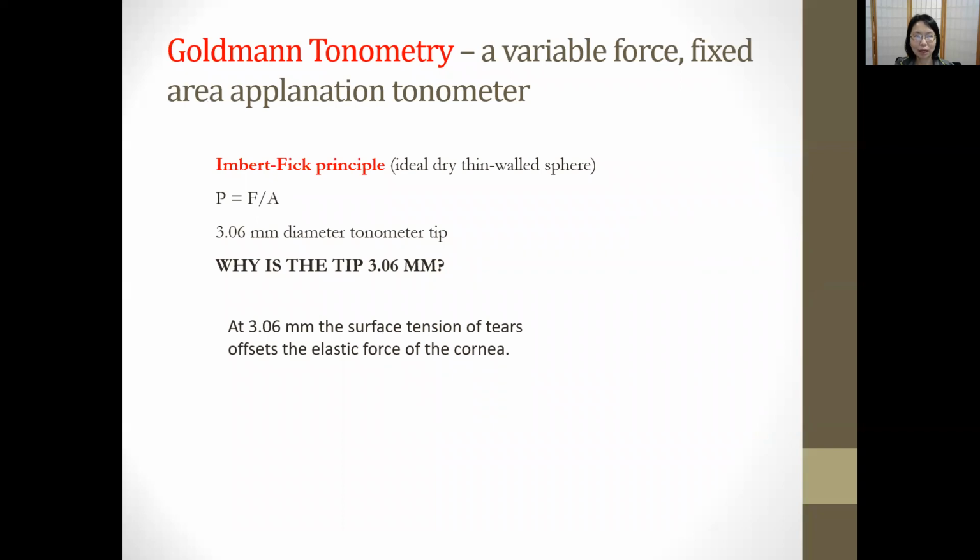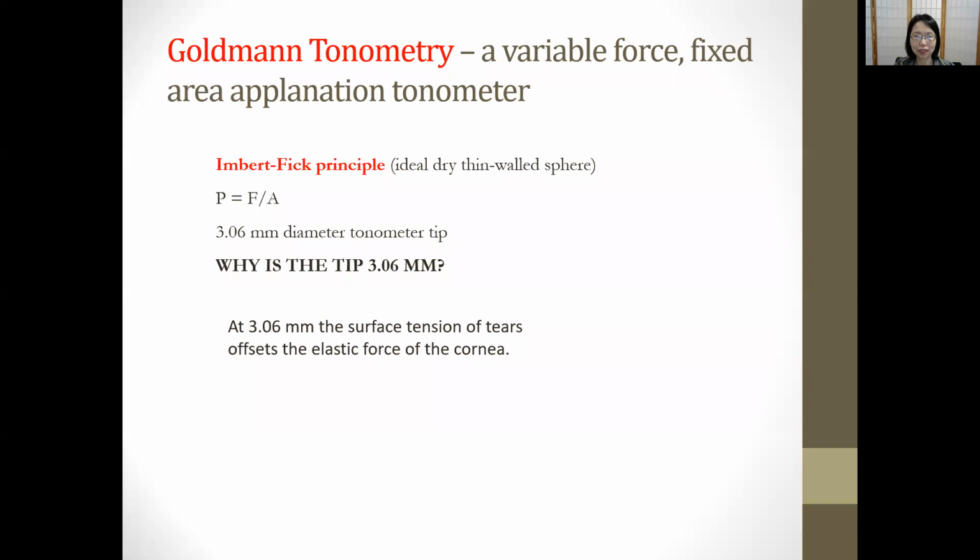So remember, for Goldmann tonometry, we're varying the force and we're fixing the area of the applanator tip. This is based on the Imbert-Fick principle, where pressure equals force over area. The area is based on a 3.06 millimeter diameter of the tonometer tip.